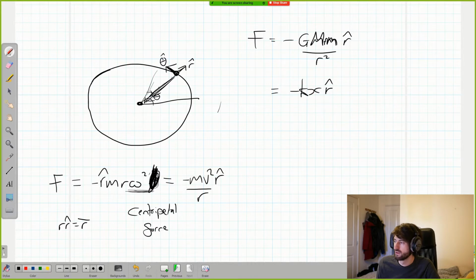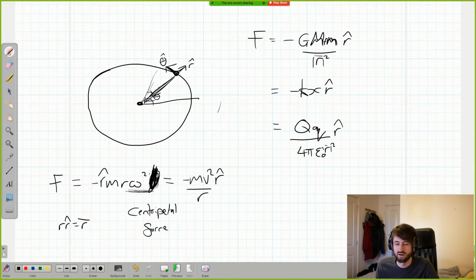And the third one is going to be q q over 4 pi epsilon naught r squared, which we don't really use because we don't really care about electrons and stuff like that.